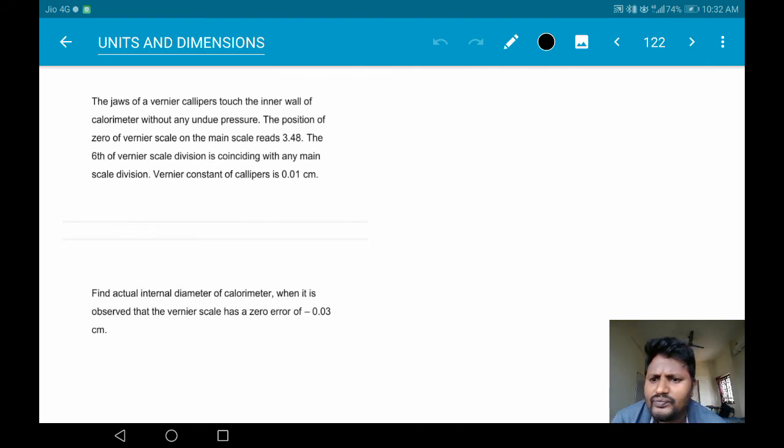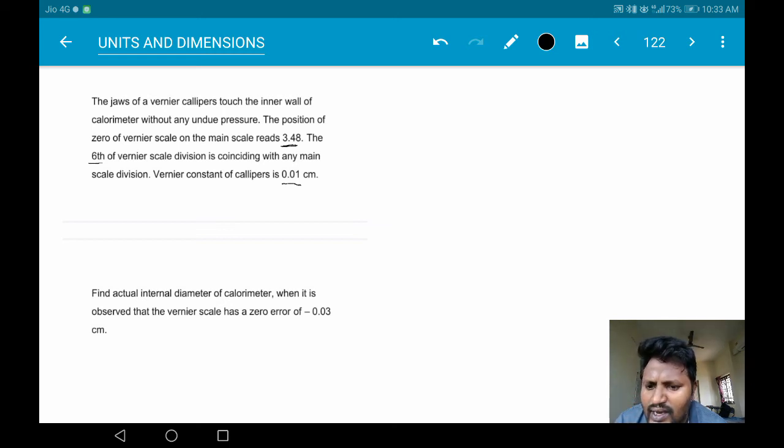Next one, the jaws of a vernier caliper touch the inner walls of a calorimeter without any undue pressure. The position of 0 of the vernier scale on the main scale reads 3.48. The sixth vernier scale division coincides with a main scale division. The vernier constant of the calipers is 0.01 centimeter.